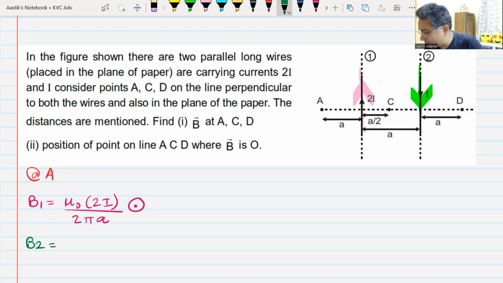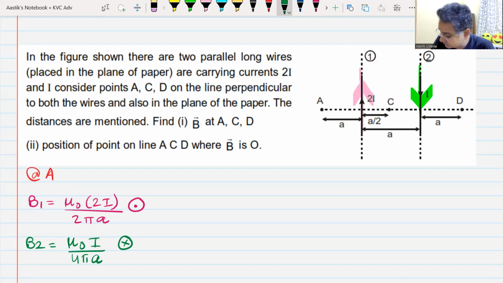Magnetic field due to the second wire, the green wire: mu naught I by 4 pi a, sir. Inside or outside? Inside, sir. Which field is more and which field is less? B1 is more and B2 is less.